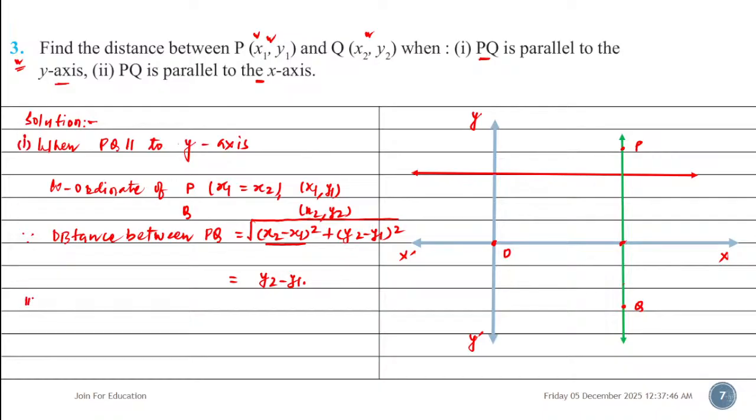So solution of the second part, PQ parallel to the x-axis. So this one will be the relevant figure.